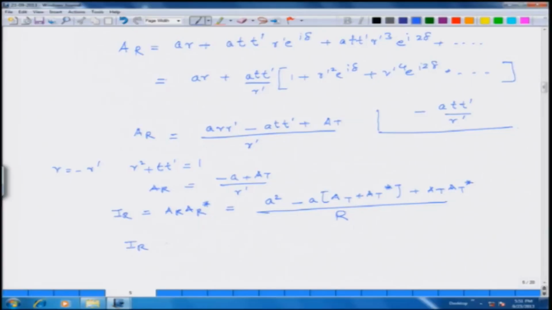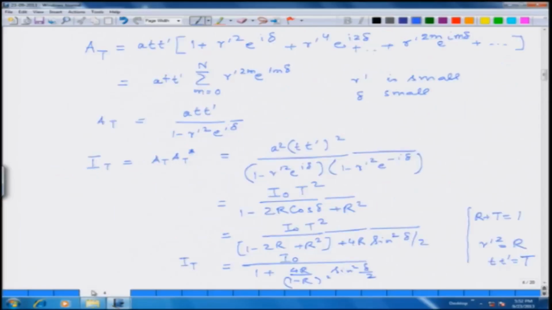Eventually, we can show that I r comes out to be nothing but I naught divided by 1 plus 1 minus r square divided by 4r sine square of the phase difference delta by 2. So, we have not done the simplification steps, but you can see that I r will become equal to this. Now, we can notice a few things here.